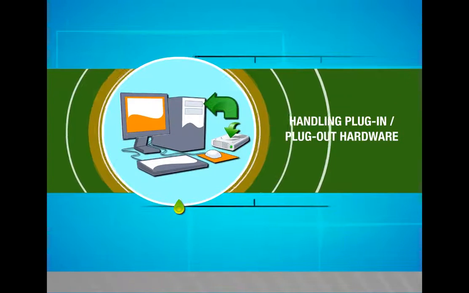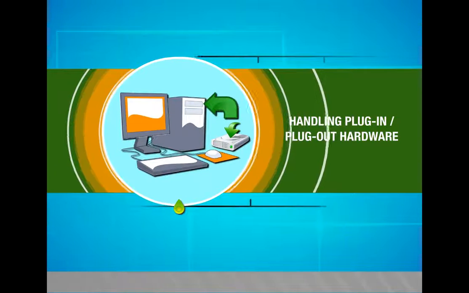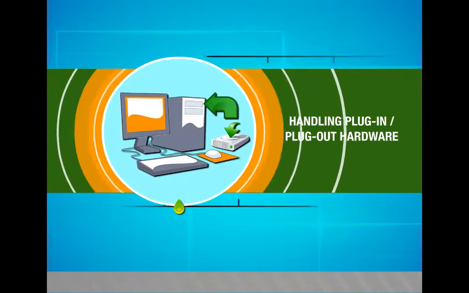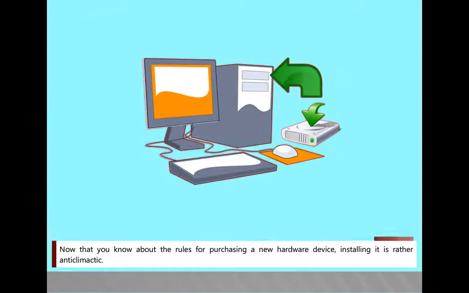Handling plug-in or plug-out hardware. In this video, we are going to see about handling plug-in or plug-out hardware. Now that you know about the rules for purchasing a new hardware device, installing it is rather anticlimactic.